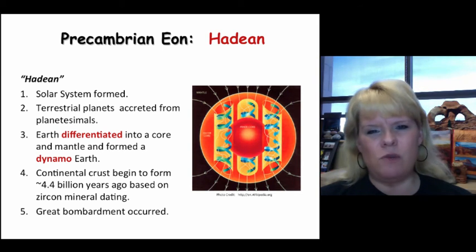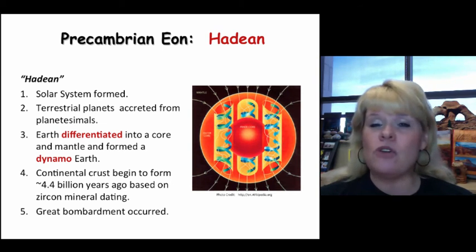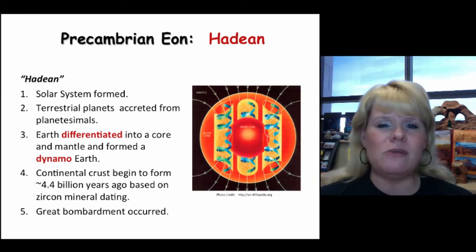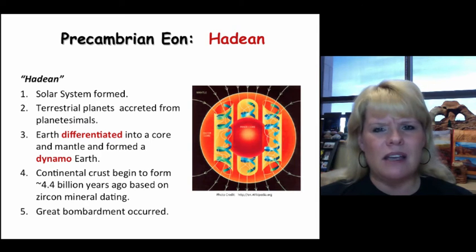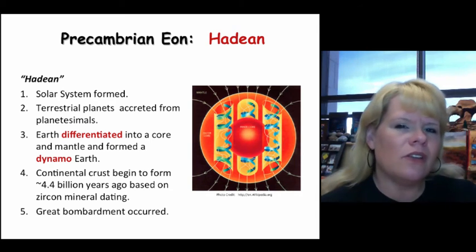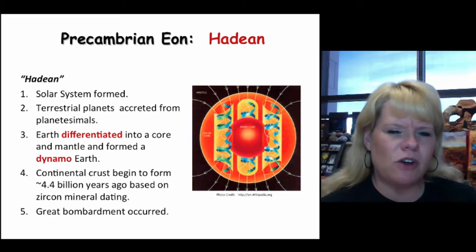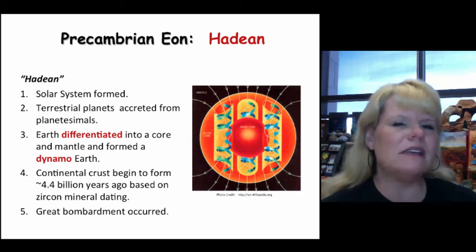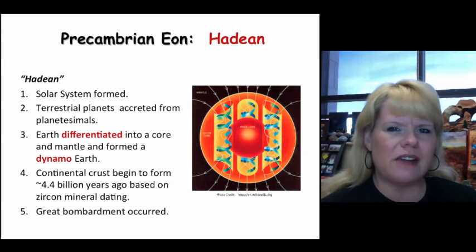So our terrestrial planets, which is Mercury, Venus, Earth, and Mars, accreted from planetesimals. And planetesimals are these small planet-like structures. So these planetesimals will be critical for helping Earth turn into the dynamo planet that it is. Let's talk a little bit about that dynamo process.